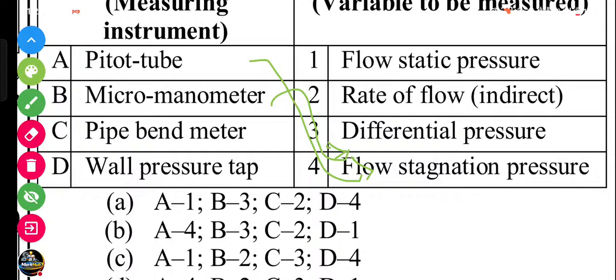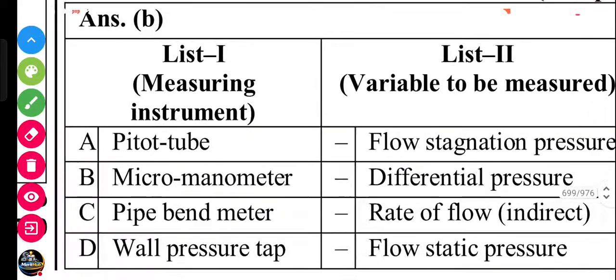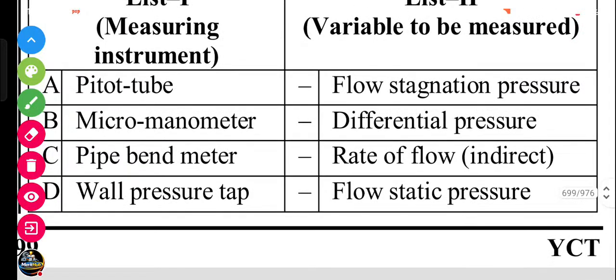A pipe bend is used for the rate of the flow, and the wall pressure tap for flow static pressure. Let's check the answer. Pitot tube is related to the flow stagnation pressure, micromanometer is related to differential pressure, and the pipe bend meter is related to rate of the flow. Wall pressure tap is the flow static pressure. So it is right.